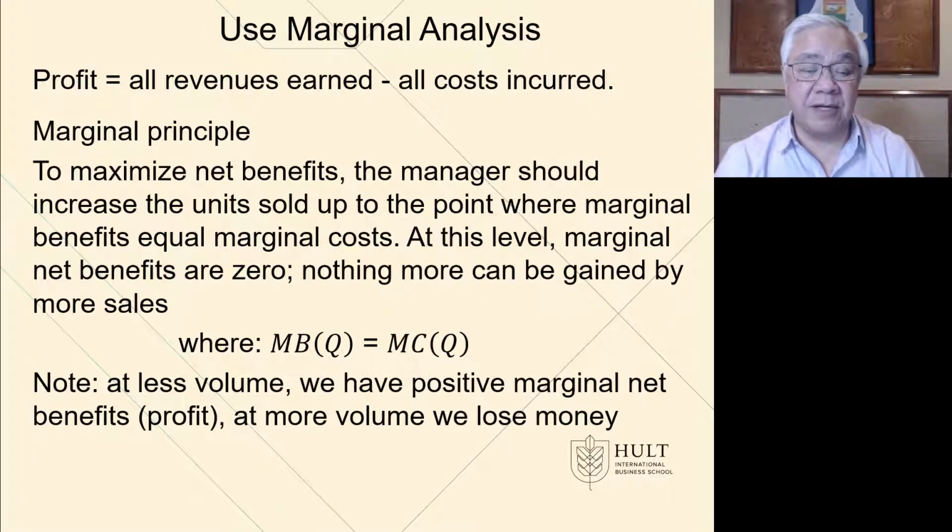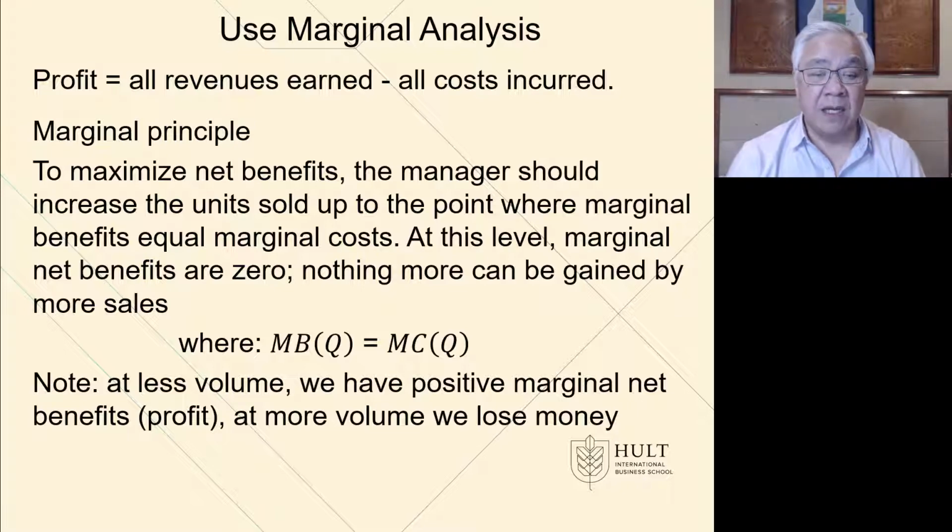So let's do an example of how this might be applied. So let's again use profit. So profit equals all the revenue earned minus all the cost incurred. So when we want to maximize it, we say we want to have the point where the marginal benefit is exactly equal to marginal cost. In other words, if we have less than that quantity, then we're making extra money.